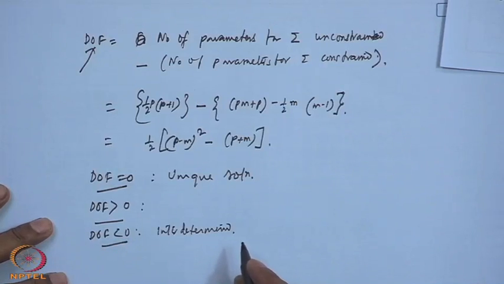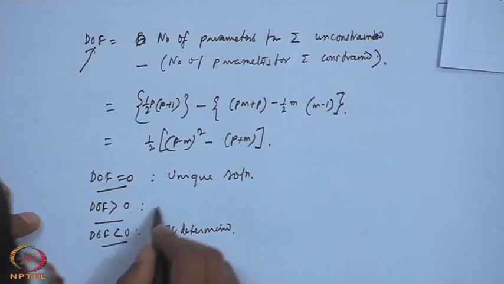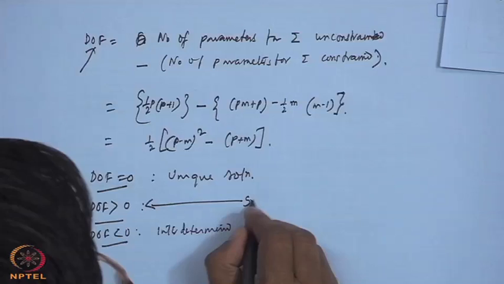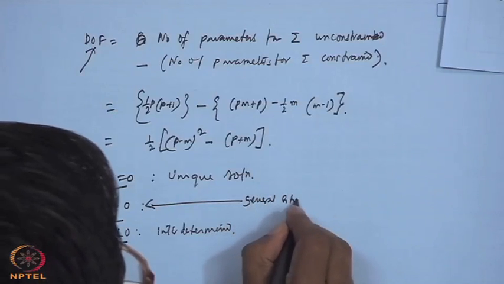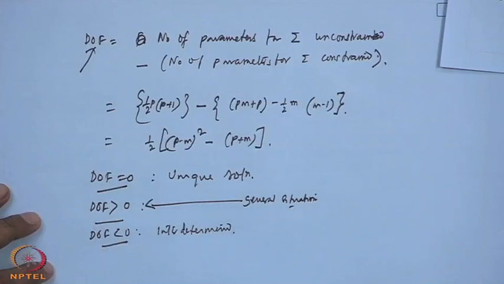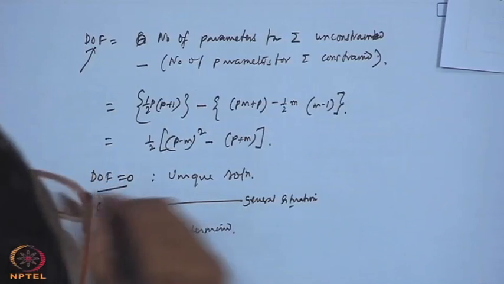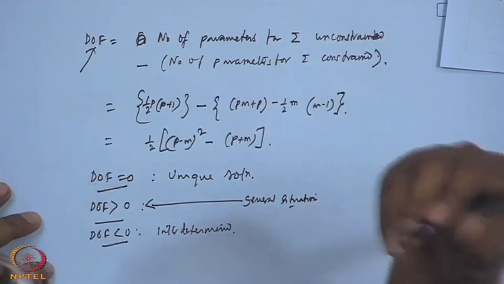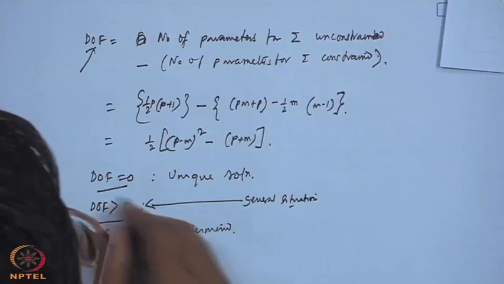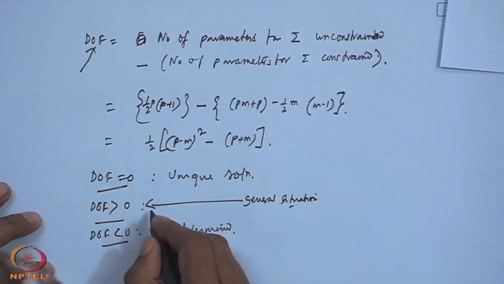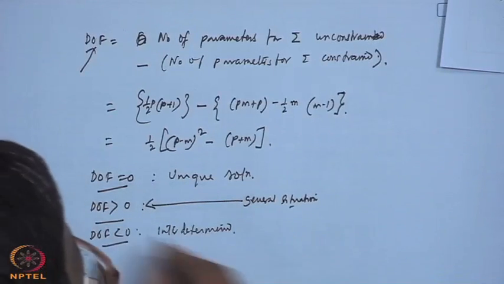The general situation is this. We will be getting a large number of solutions, because there is no unique solution in this case, and it is an overestimation situation.